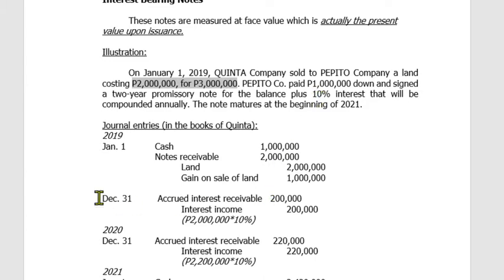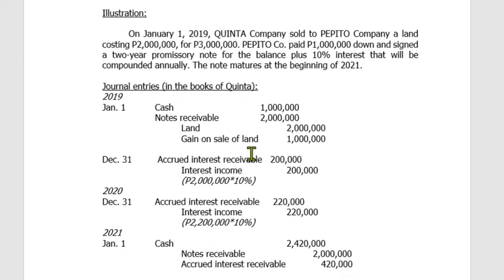So for December 31, 2019, ito yung recognition of income mo. Since yan ay hindi pa naman nare-receive, it is just an accrued interest receivable and then credit interest income. For 2020, December, another na-earn uli yung income, debit accrued interest receivable, 220,000 and credit interest income.